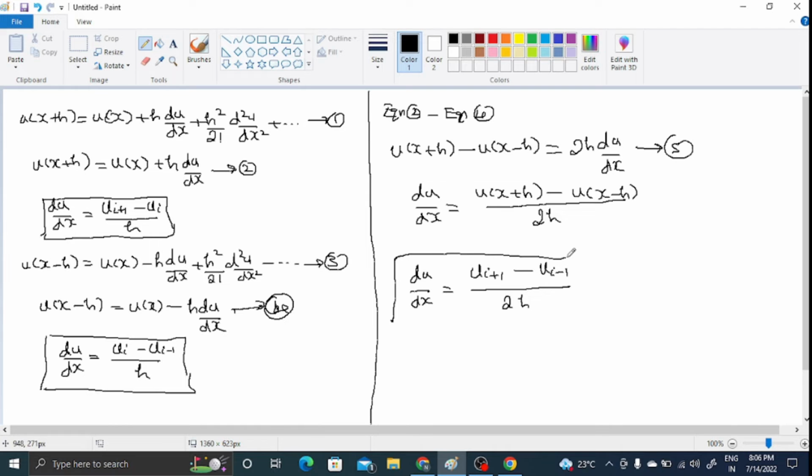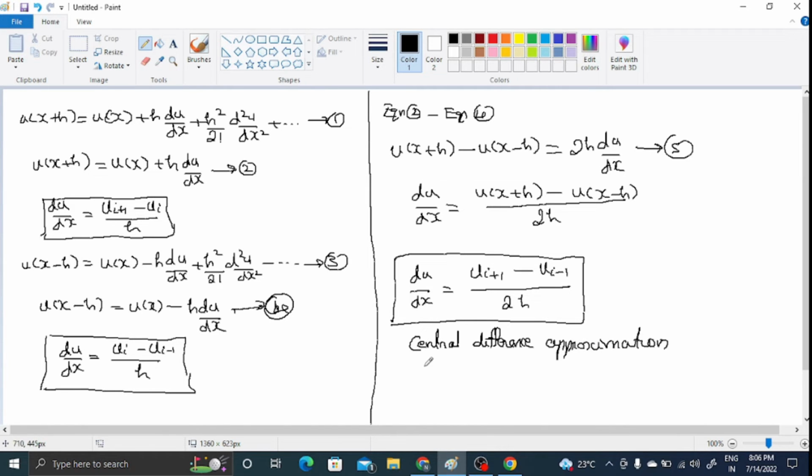So what is the thing? Next point minus previous point. It is nothing but central. Yes, exactly. This is nothing but central difference approximation.